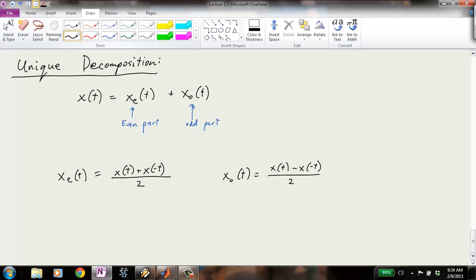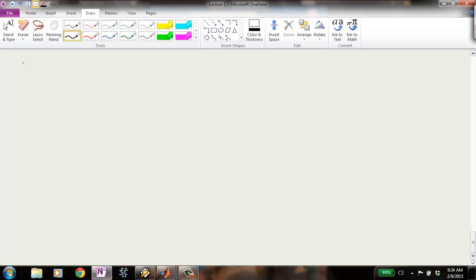All right, we have something else we want to talk about. A signal can be periodic. And what it means for a signal to be periodic is that it has some period about which it repeats.